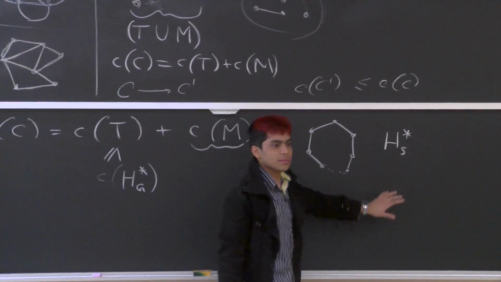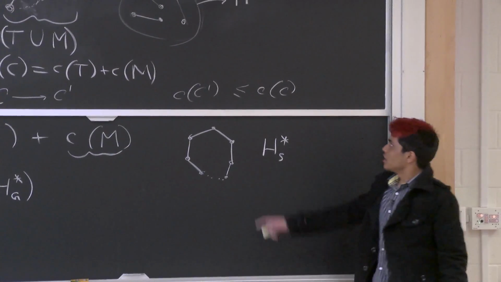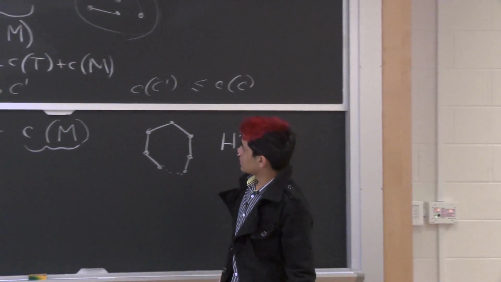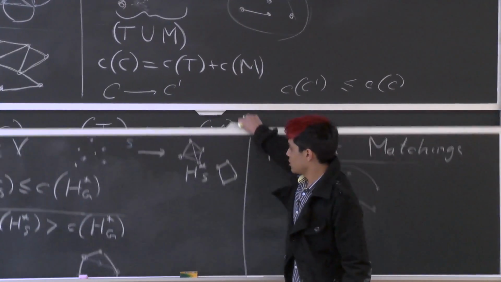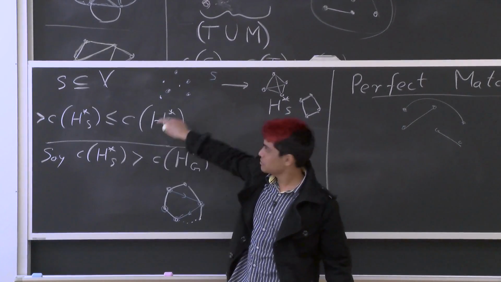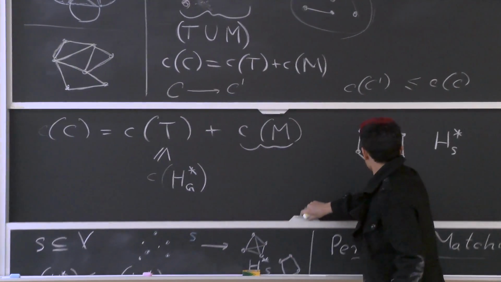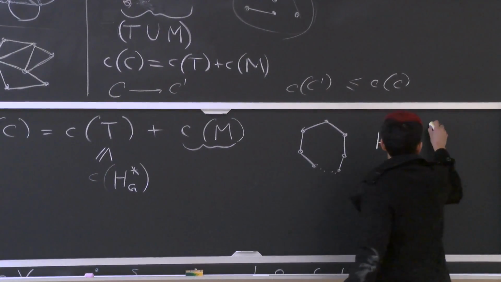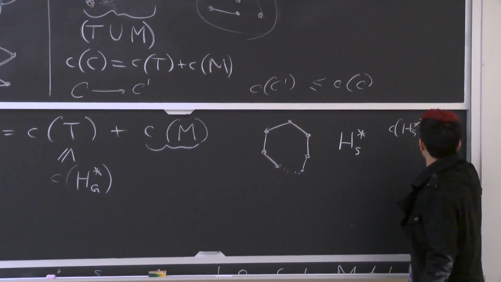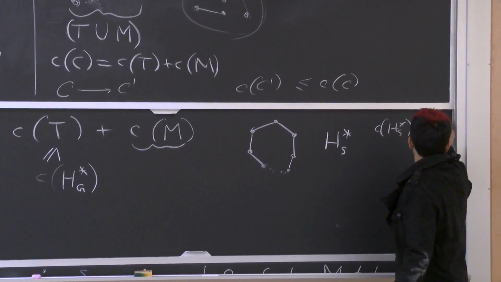So h star s is nothing but the optimal Hamiltonian cycle on that restricted graph. From our previous lemma, which is down here, we know that h star of s is less than h star of g. So we know that cost of h star s is less than or equal to cost of h star g.